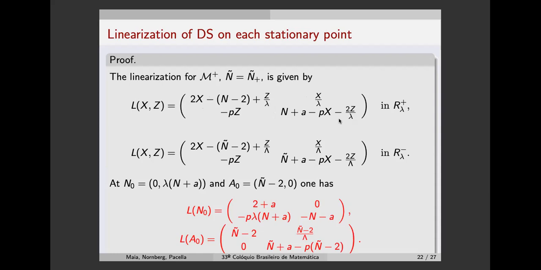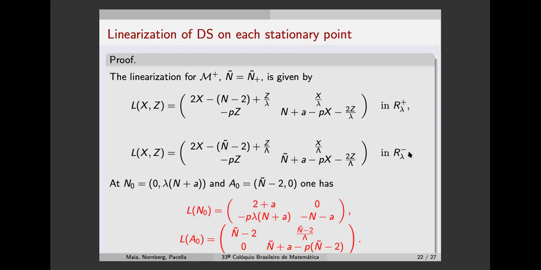F and G were given by the second order expressions before. This is when the point (x, z) is in the upper half of the first quadrant.